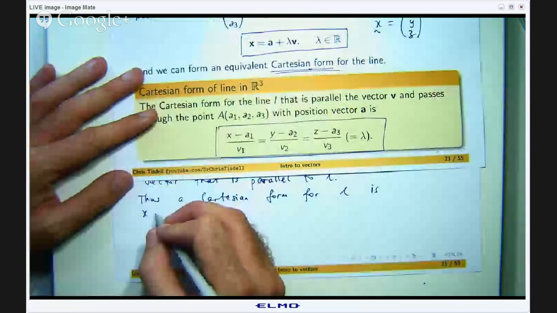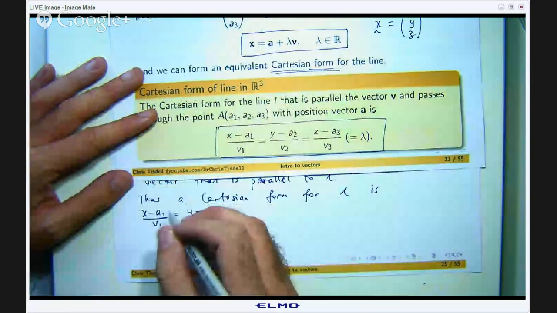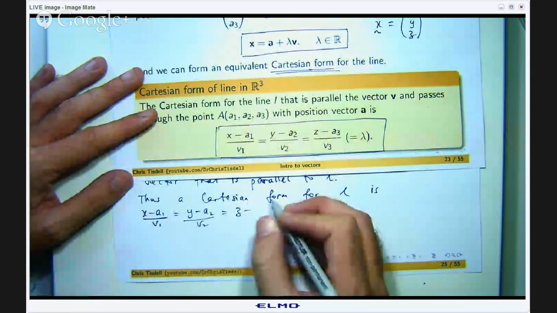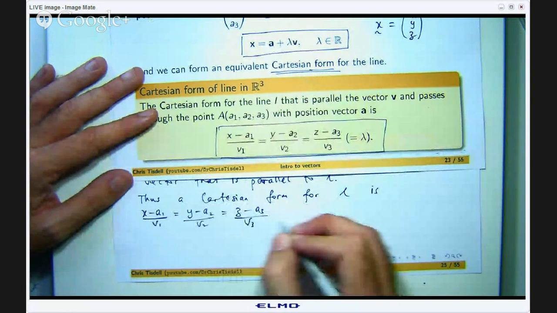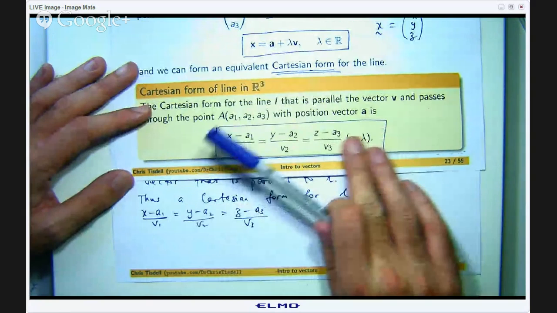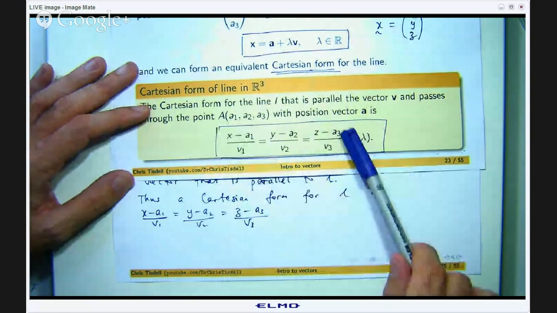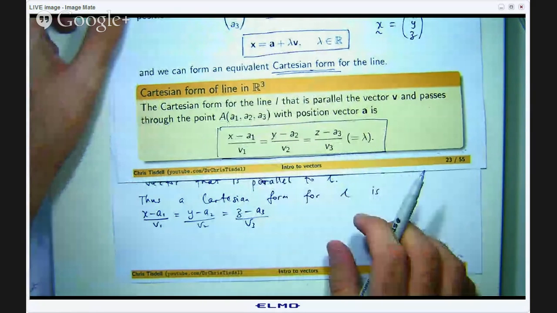X minus A1 on V1 equals Y minus A2 on V2 equals Z minus A3 on V3. Okay, now we don't usually cover that up. I just like putting it in there. You can cover it up if you want to. I just like to keep it there so when you're going between the two, it's easy to do so.